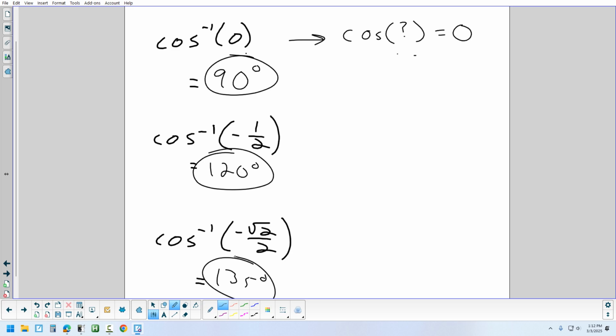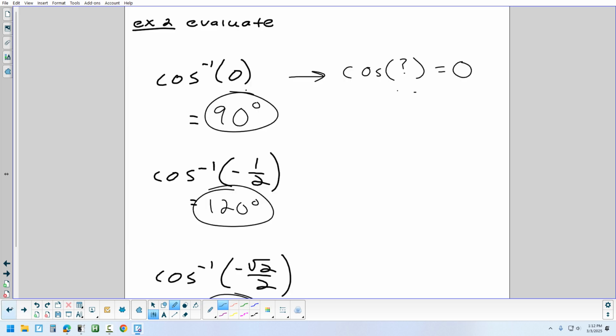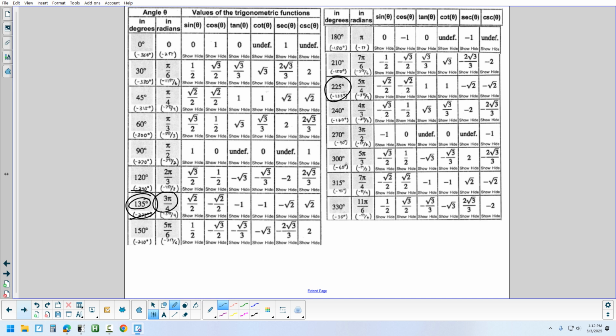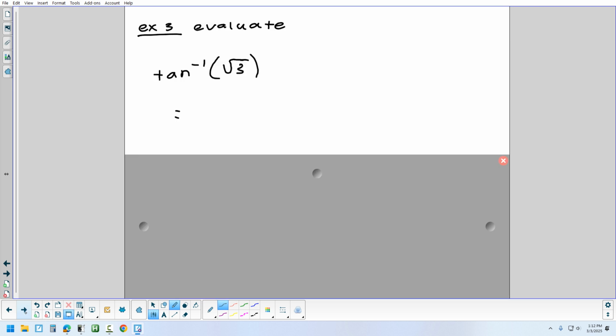Okay, so we did inverse sine, we did inverse cosine. This chart also has things for inverse cotangent, secant and inverse cosecant. We're not using those. Inverse tangent we are using. So inverse tangent of square root 3.